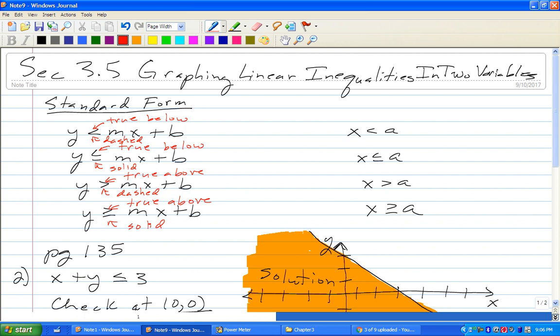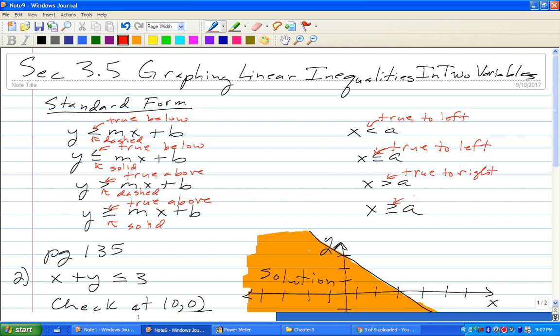Similarly, if I cannot solve for y, if I just have x and some inequality with a, then the boundary line will be a vertical line. So there's a right and a left, not above or below. And so x less than says it is true to the left. Less than or equal to, it is true to the left. Greater than, it is true to the right.